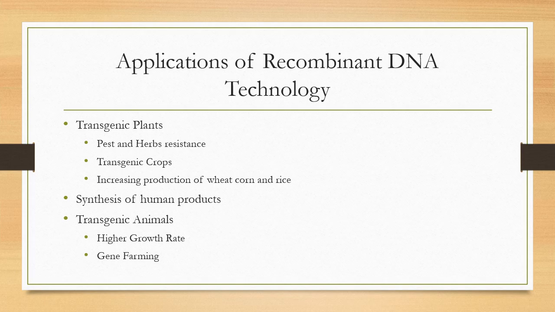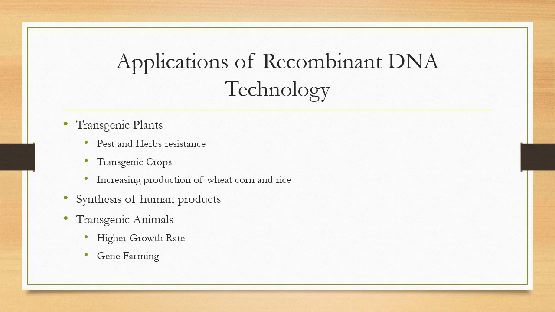And another is gene farming. The use of transgenic farm animals to produce pharmaceuticals is called gene farming. Many antibiotics and hormones are produced by this technology.